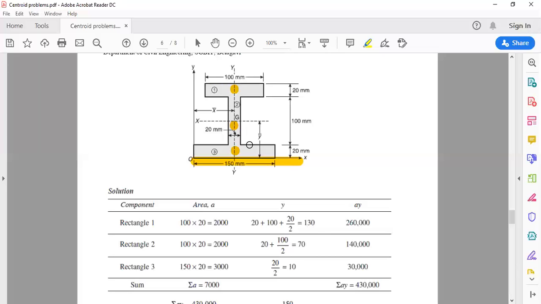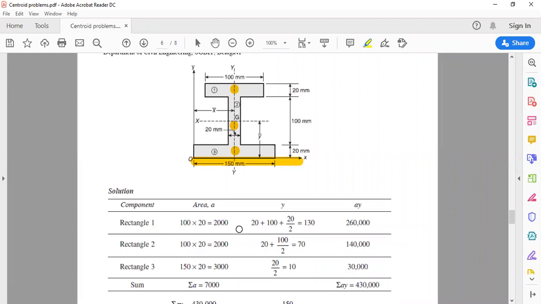Next, coming to the second rectangle. So this is the second rectangle with an area. The thickness is 20 mm. Height is 100 mm. So you have 20 into 100 or 100 into 20, which is the area of the second rectangle.